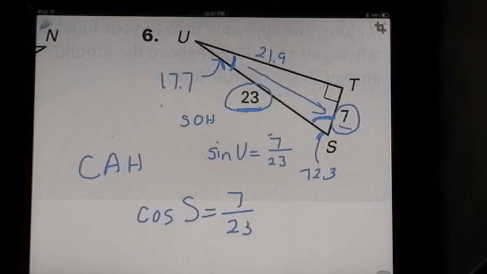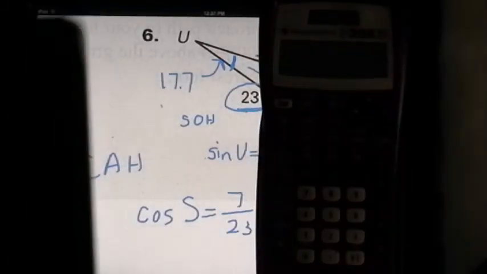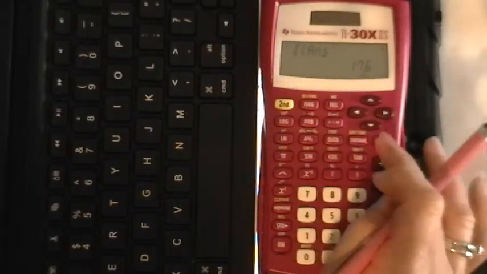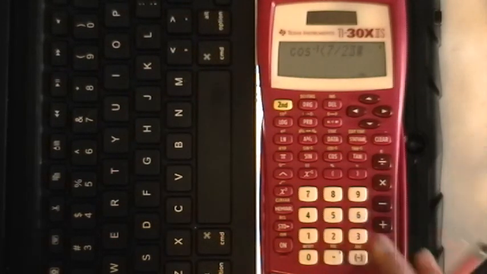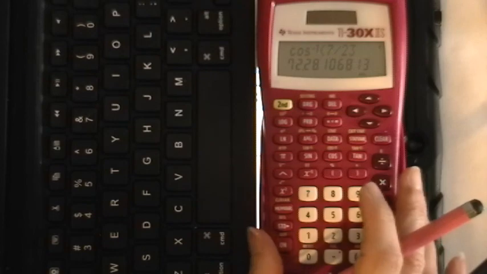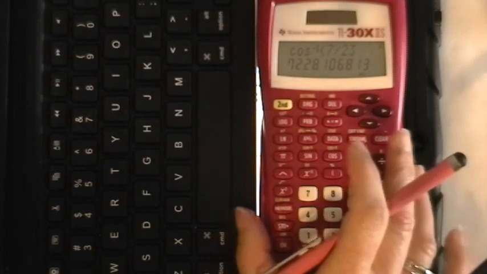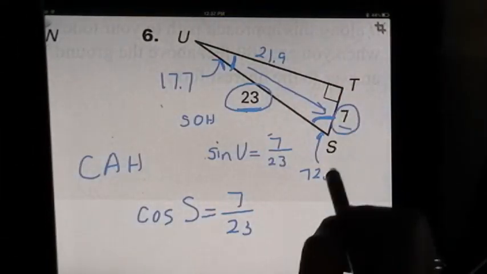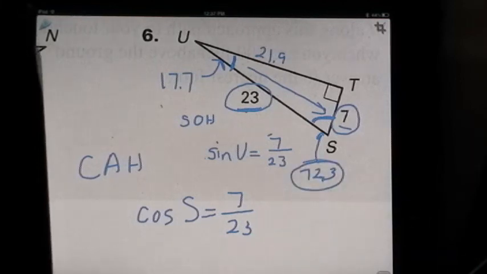And this time we'll use Texas Instruments, and we're going to say inverse cosine, and we're going to put in 7 divided by 23, and we get 72.28, which is 72.3, which is what we got.